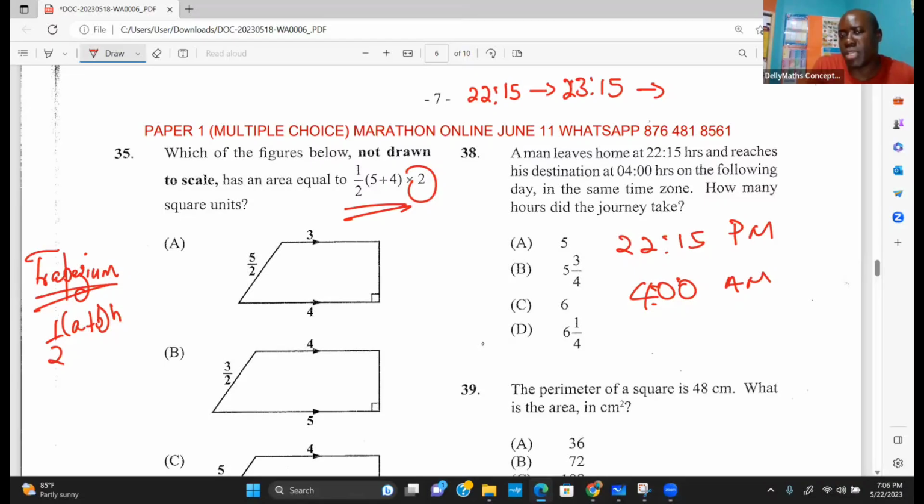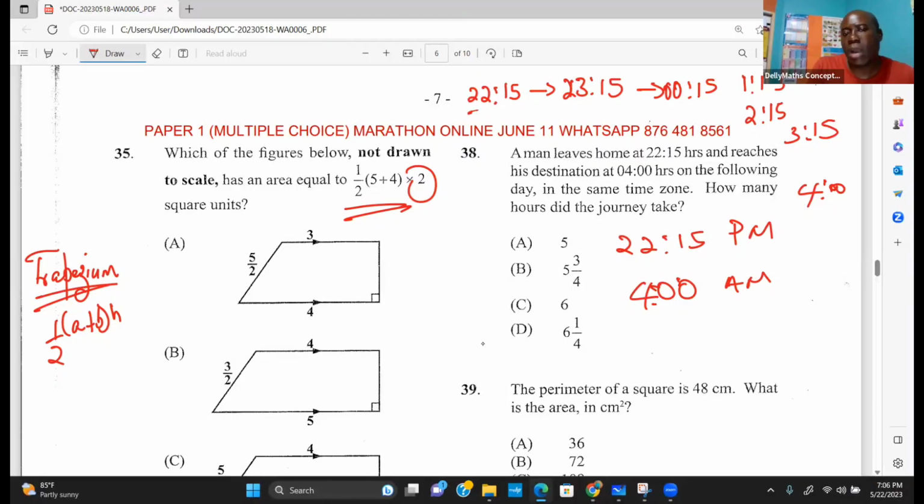I'm just checking something. Then you would have gone 00:15, then 1:15, then 2:15, then 3:15. There's no 4:15. All right, 3:15, then you're going up to 4.